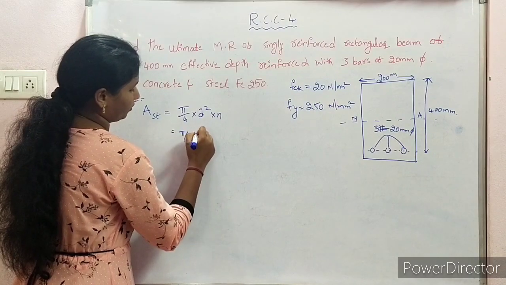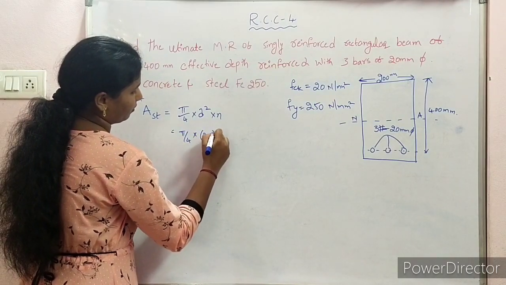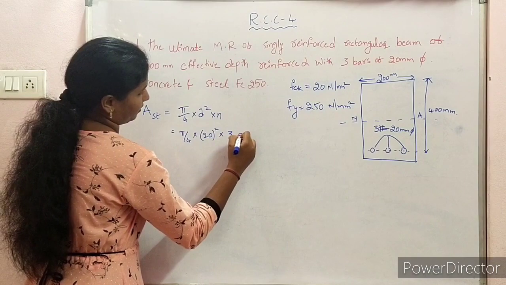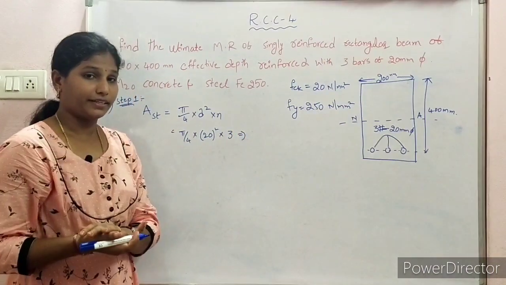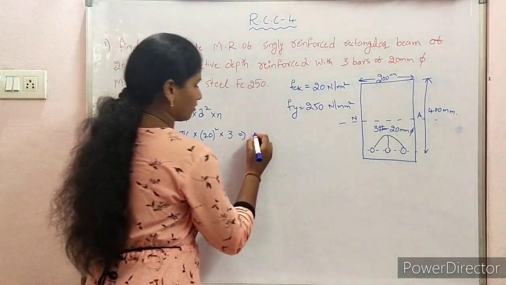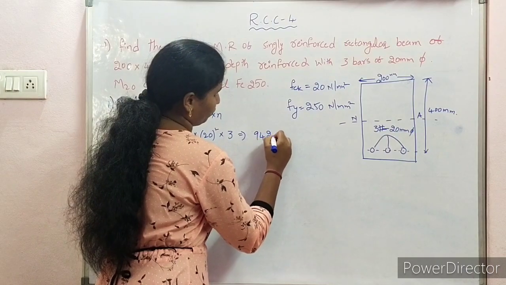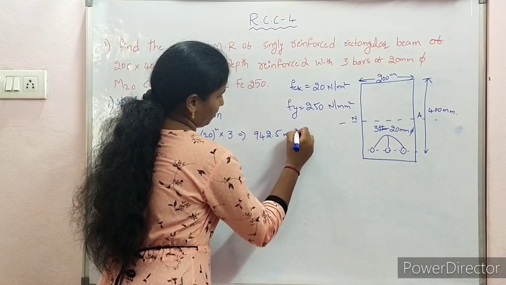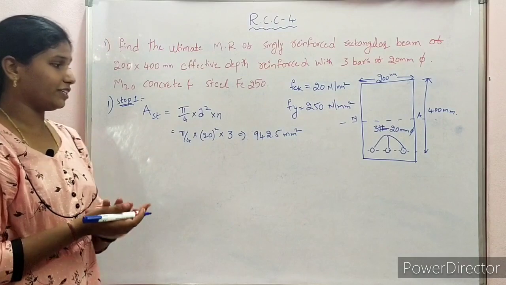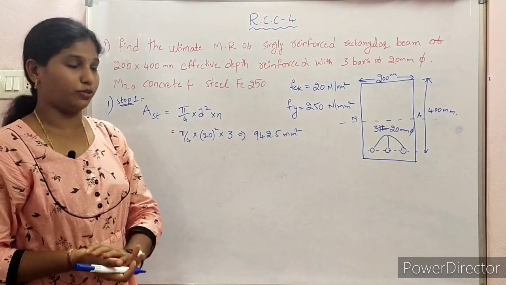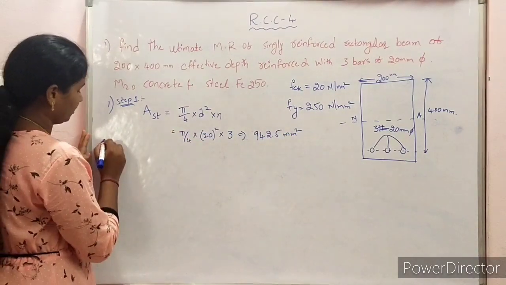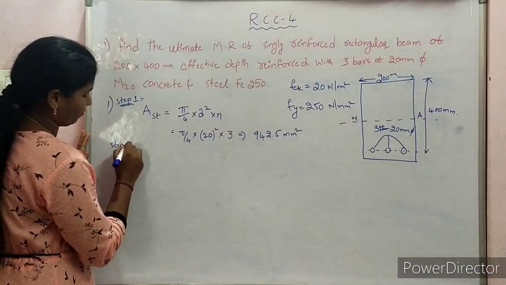Pi by 4 into 20 square into 3. After calculation the value is 942.5 mm square. In civil engineering, units are a must.